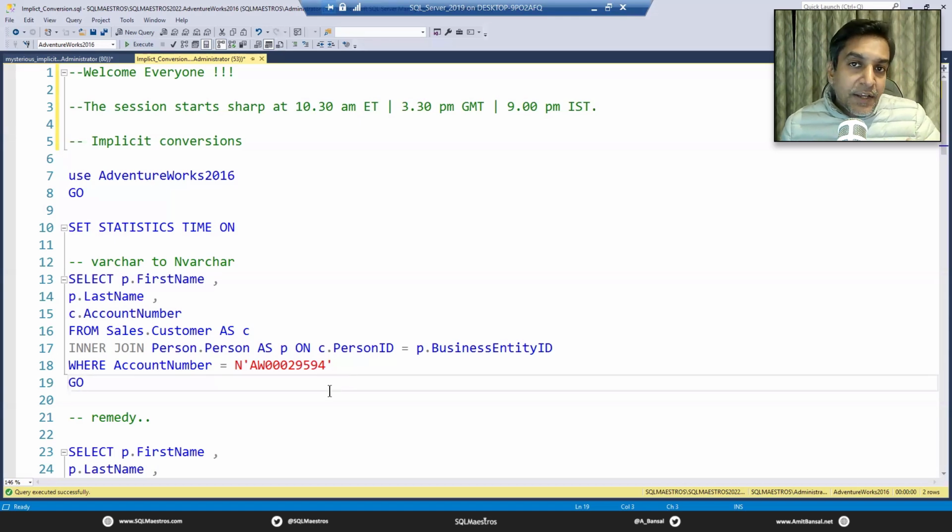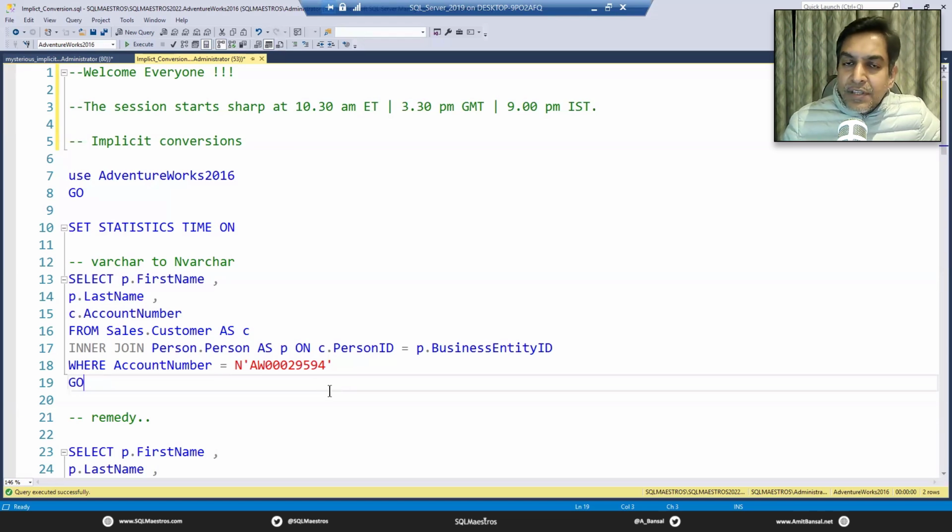When SQL Server decides to convert this implicitly, it will do it from what we call the lower precedence data type to a higher precedence data type. That is how it happens. The point here is that whenever the SQL Server query optimizer, during the execution of the query, is doing this implicit conversion, it might be expensive.